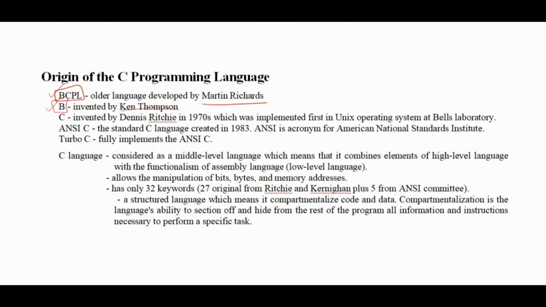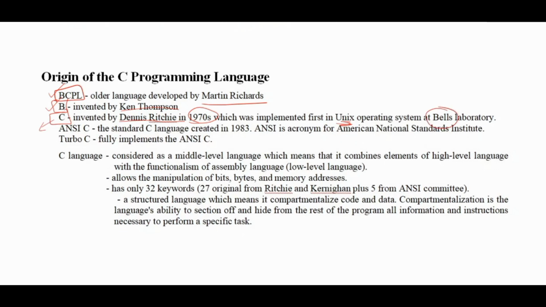After B is the C programming language, which is a revision of B and has some more features that are not in B. This was invented by Dennis Ritchie in the 1970s, and was first implemented in the Unix operating system at Bell Labs.